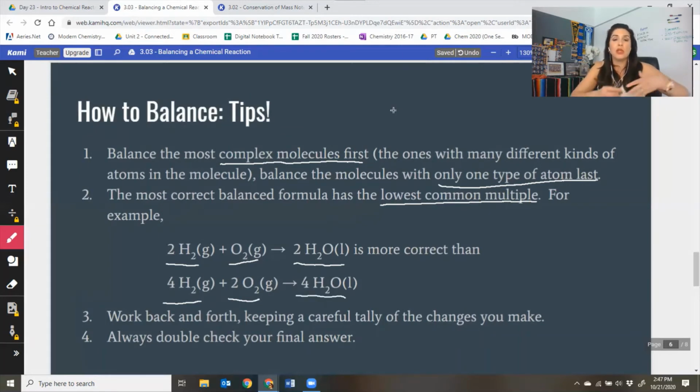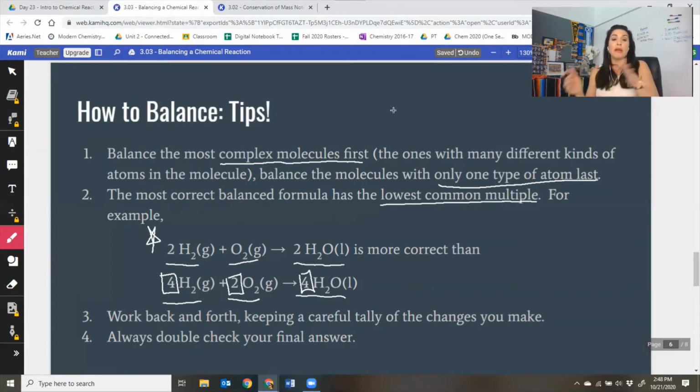So if you have a situation where all of your coefficients, 4, 2, and 4, are divisible by a common multiple, in this case, they're all divisible by 2, then you simply reduce. And your reduced chemical formula, your lowest common multiple formula, is the most correct one.